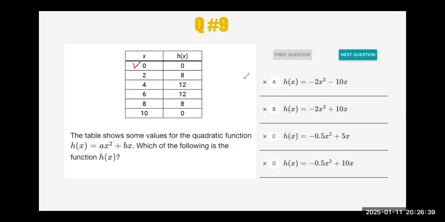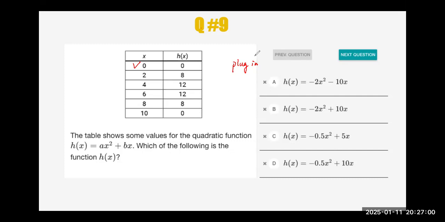You already know 2 squared equals 4, but it's actually negative 2 times 4, which is negative 8. There's also a minus 10x, so that's negative 28, and h of x says it's 8, but it's actually wrong.